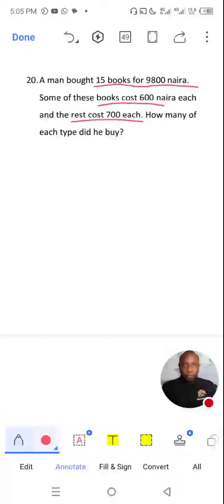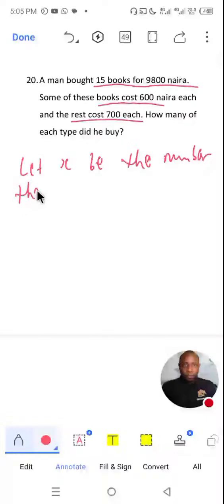So we can say let x be the number of books that cost 600 naira.